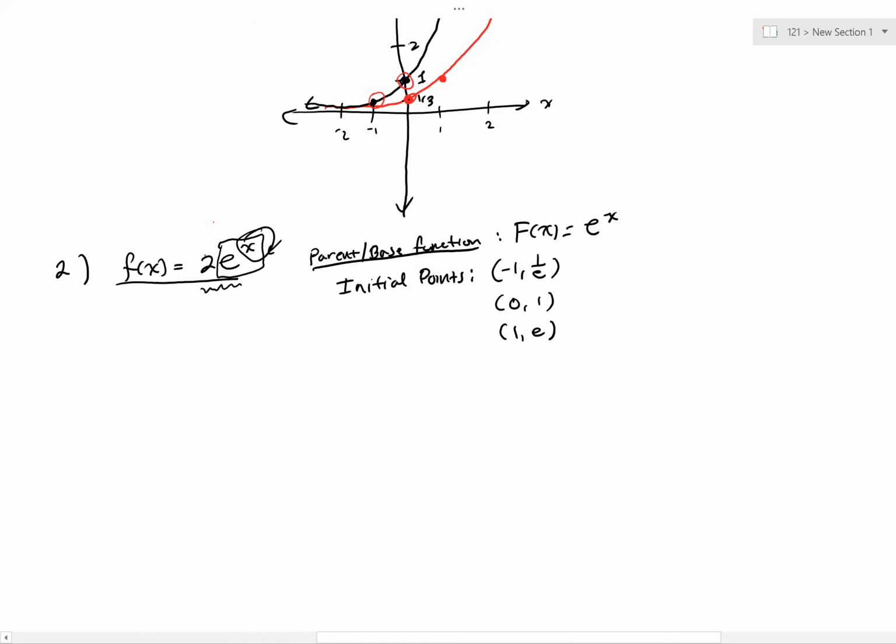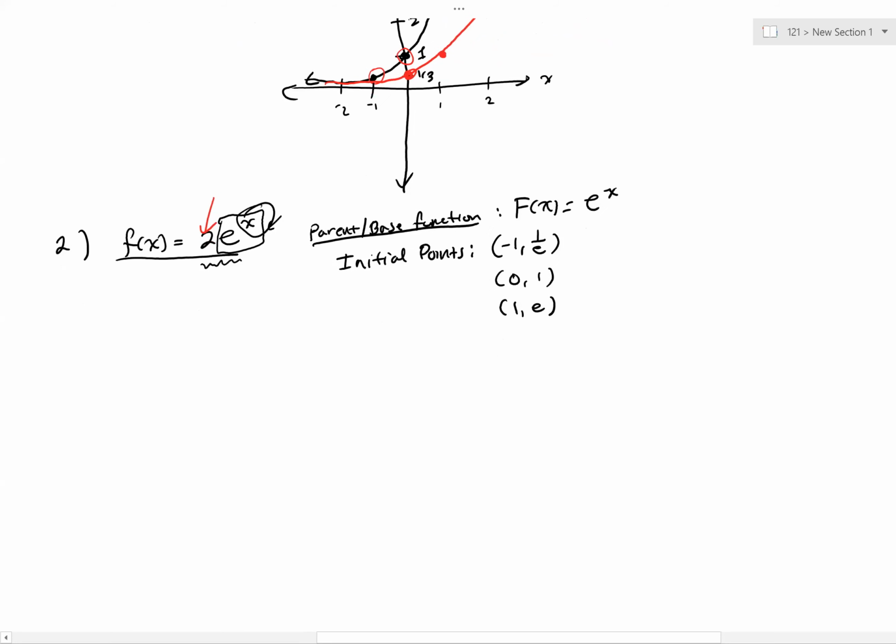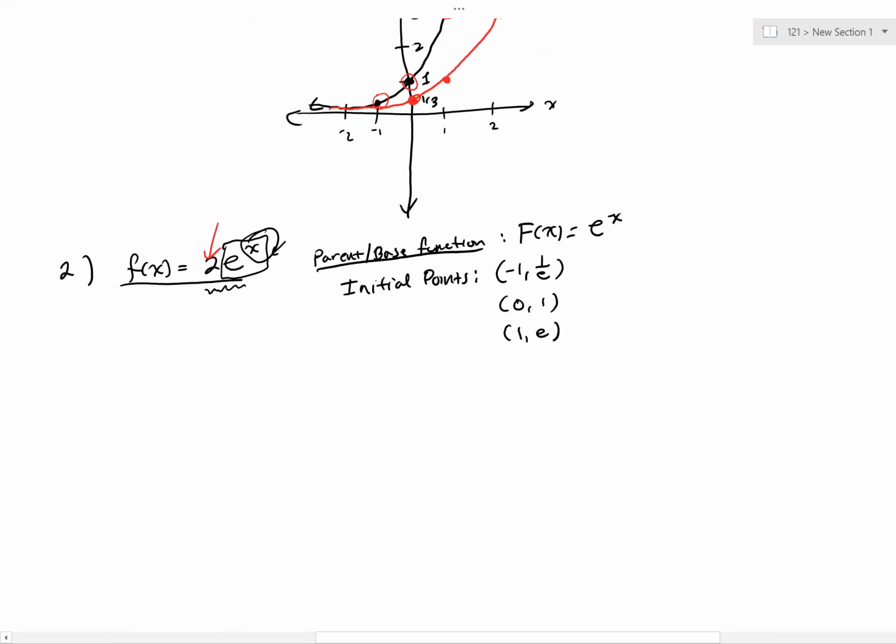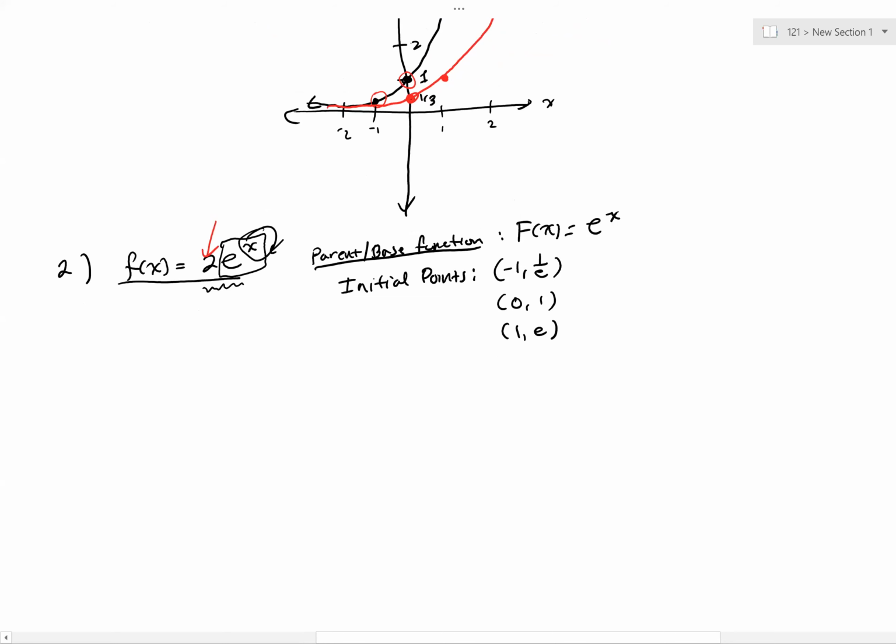Well, we see this 2 out front. And if you refer to the previous list of transformations, when you're multiplying your function by a number that's larger than 1, that's a vertical stretch. And there's only one transformation, right? That's the only difference between the function we're asked to graph and our parent function here.